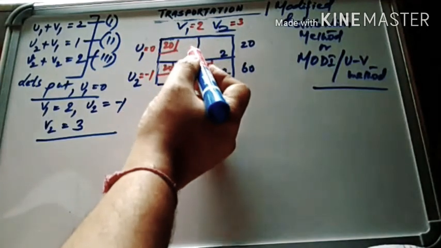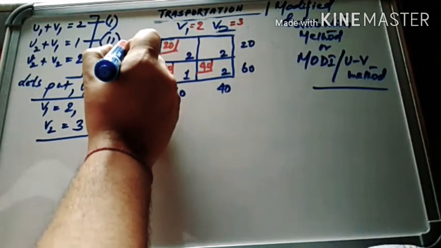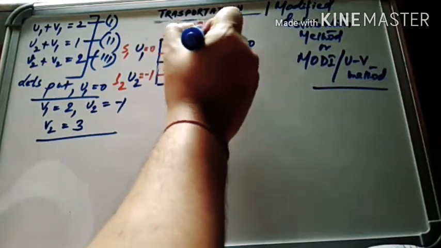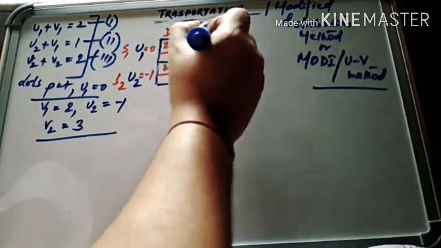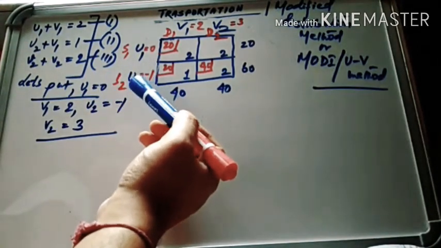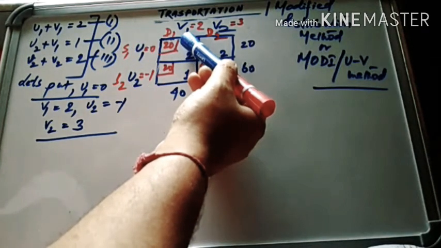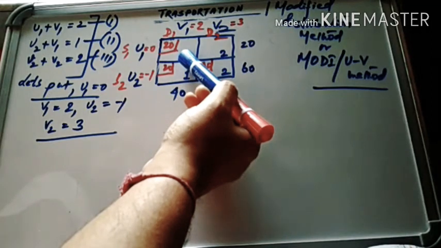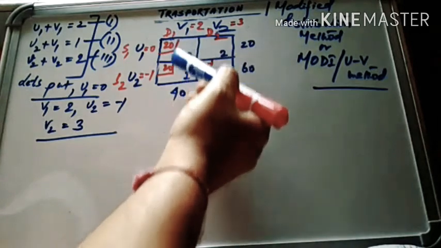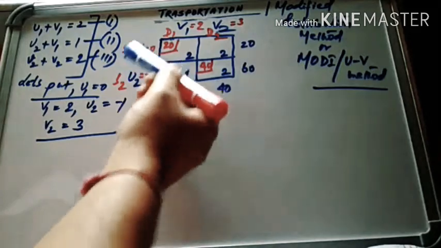So the Cij value indicates that, with S1, S2 as sources and D1, D2 as destinations, to transport from S1 to D1 you have to take 2 units of cost, or if you have to transfer from S2 to D1, you have to pay 1 unit of cost. This is the significance of the Cij values.